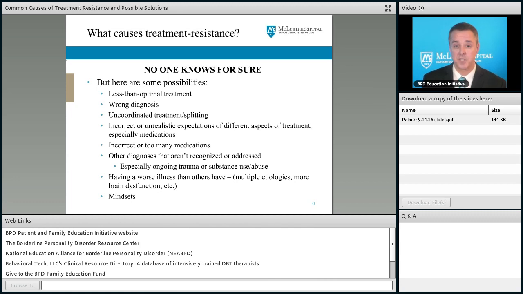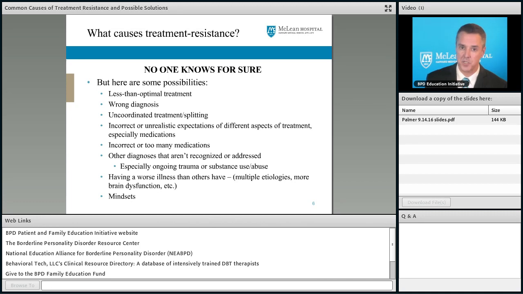Sometimes it's incorrect or unrealistic expectations about different aspects of treatment, especially medications, and I just alluded to that. Kind of looking to medications to solve all of the symptoms of borderline personality disorder, and I'll talk about that a little bit. Sometimes it can be incorrect or too many medications. Sometimes it can be other diagnoses that aren't recognized or addressed. And I want to highlight ongoing trauma.